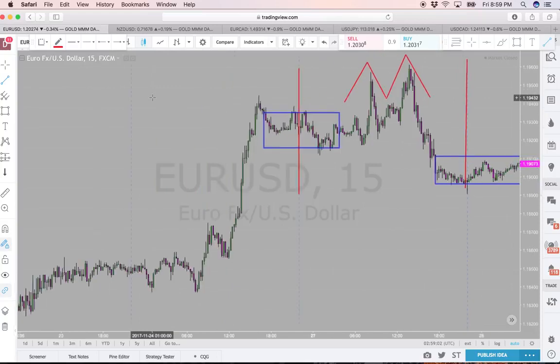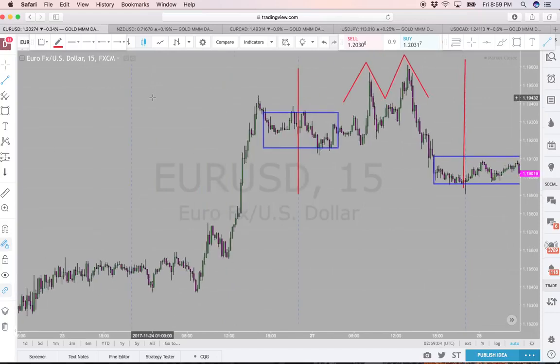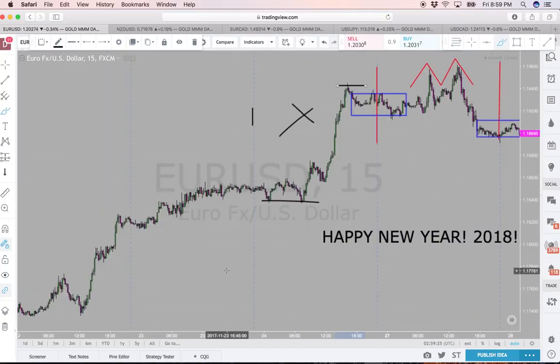Or at the high or the low of the day or the previous day. So, here's the previous day right here. This is the previous day. Now we have the low of the previous day and the high of the previous day.